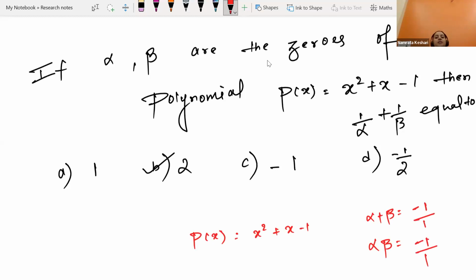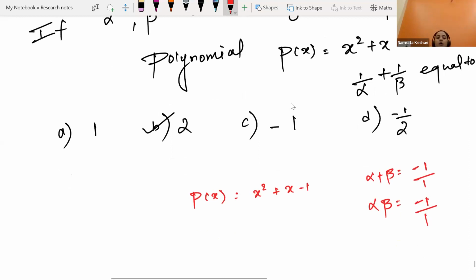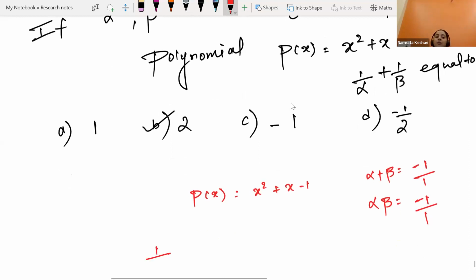So alpha plus beta is minus 1, and alpha into beta is also minus 1. Now we are supposed to find the value of 1 by alpha plus 1 by beta. We will take the LCM. What will be the LCM over here? LCM of these two, Aisha?